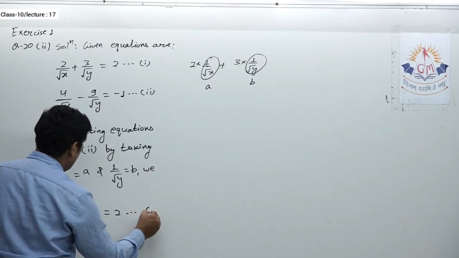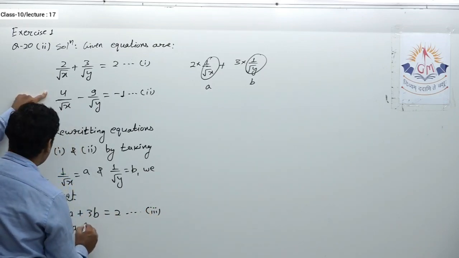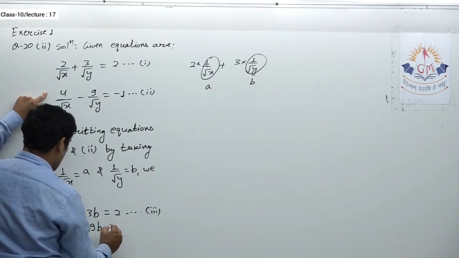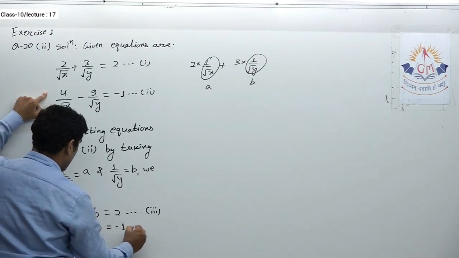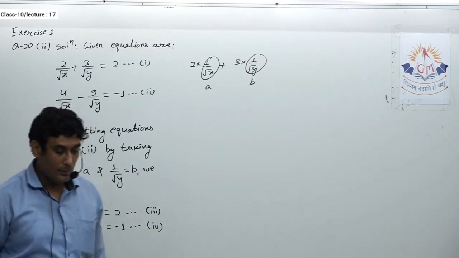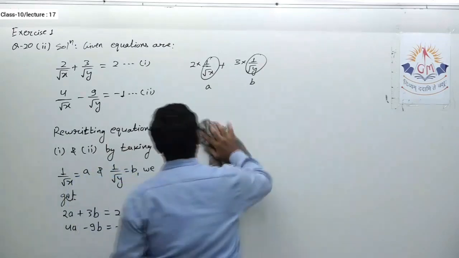Let it be our equation number 3, and this will become 4a minus 9b is equal to minus 1. Let it be equation number 4.